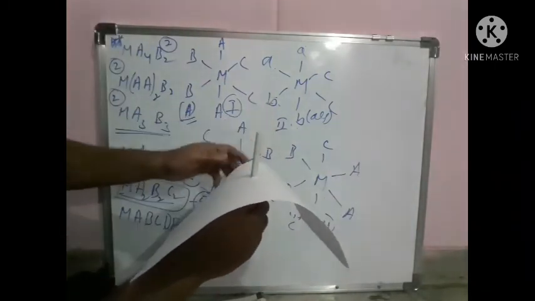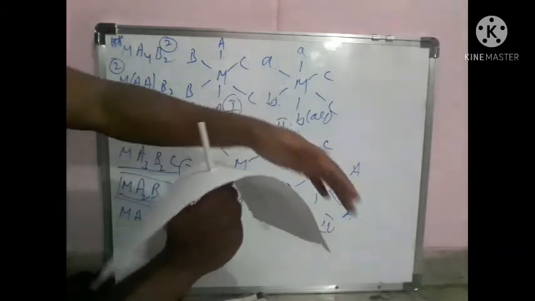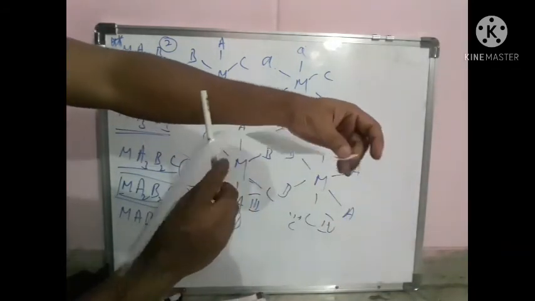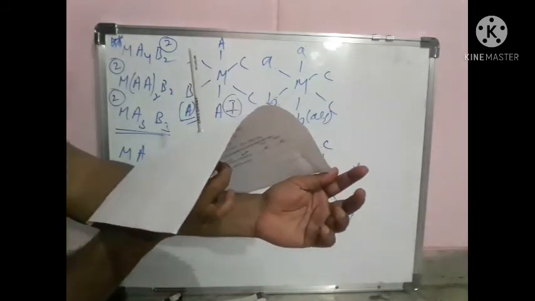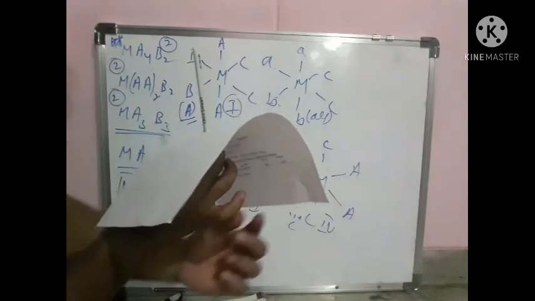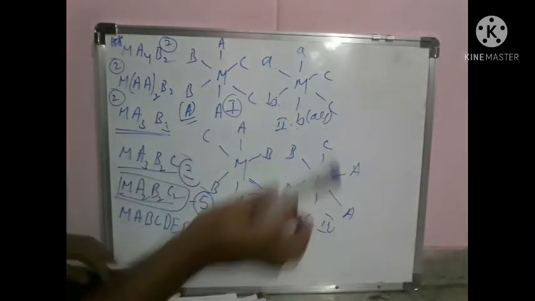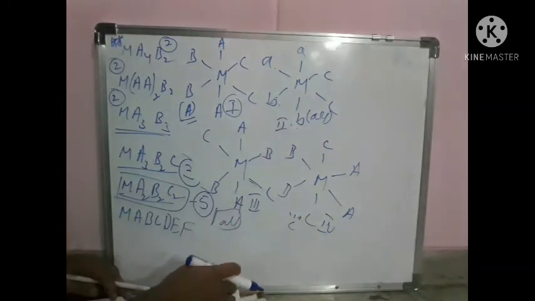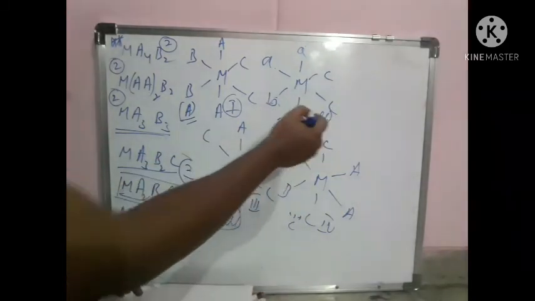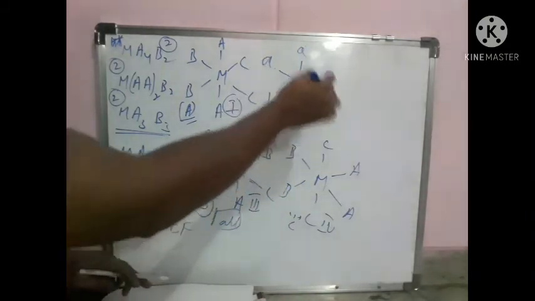And BB, how is the BB present? Here this is B, and below is B, so this adjacent B and the below B are treated as the same phase, so it is also cis. And in the case of CC, it is also the same, okay. So all are in cis conditions. So the second case is all are cis.